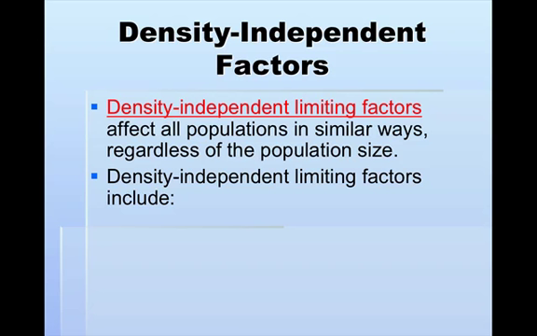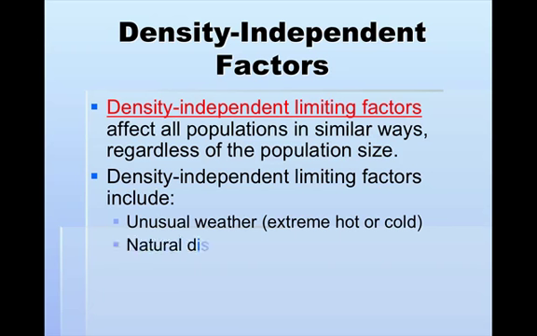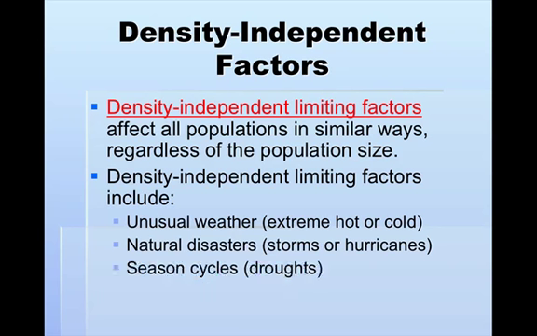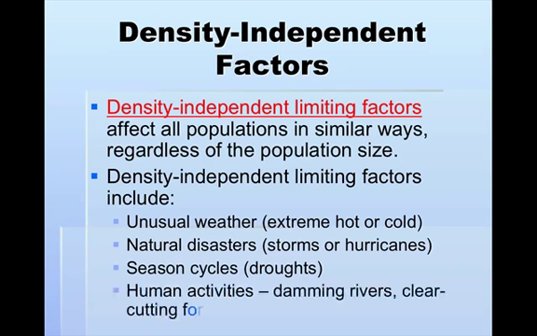Density-independent limiting factors include unusual weather, extreme hot or cold, natural disasters such as storms or hurricanes, seasonal cycles such as droughts, and that's been a huge factor here in the United States, and human activities such as damming rivers and clear-cutting forests. All of these do not depend on the size of the population. So if a natural disaster comes through a specific area, it affects everybody equally.